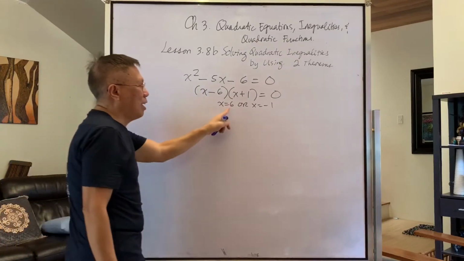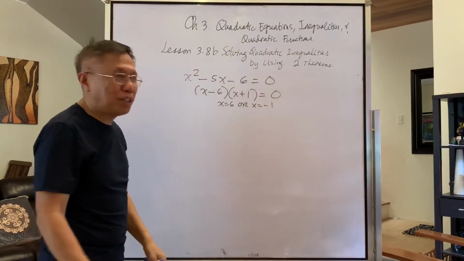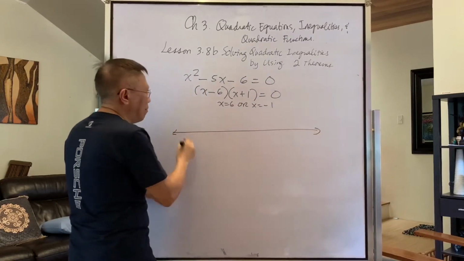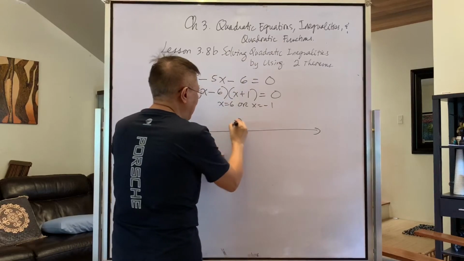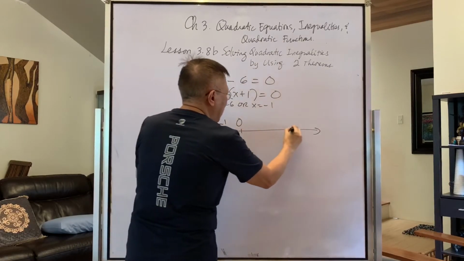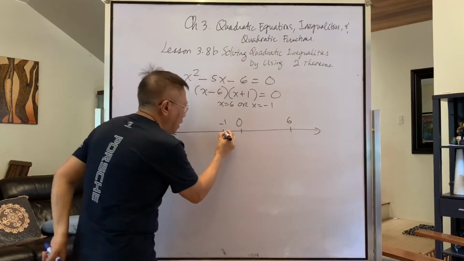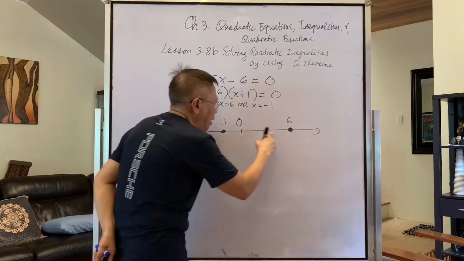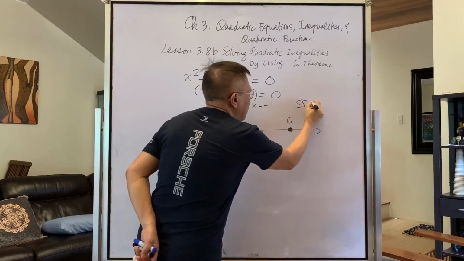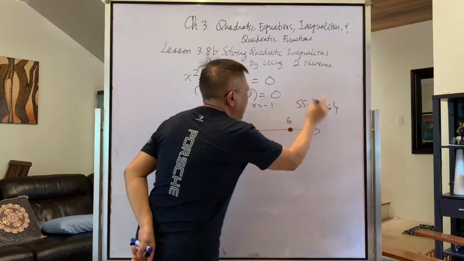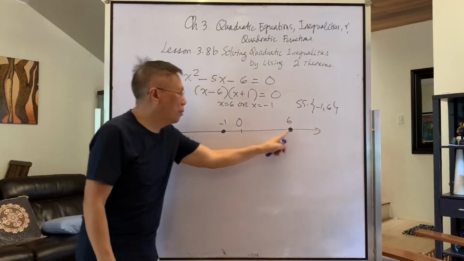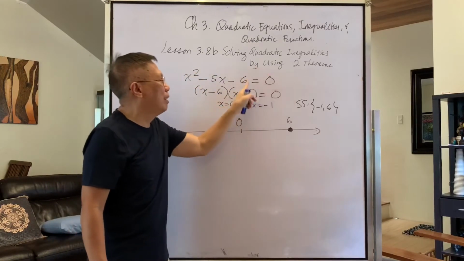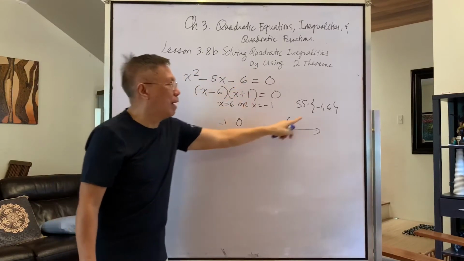Now, these are real and unequal roots, so I can graph them on the number line. Let's say this is 0, negative 1 will be here, and 6 is approximately there. And these are my solution. These are elements of my solution set. So, negative 1 or 6. These are the only two real numbers that will make the left-hand side of this equation be 0. That's why we call them the solution set.